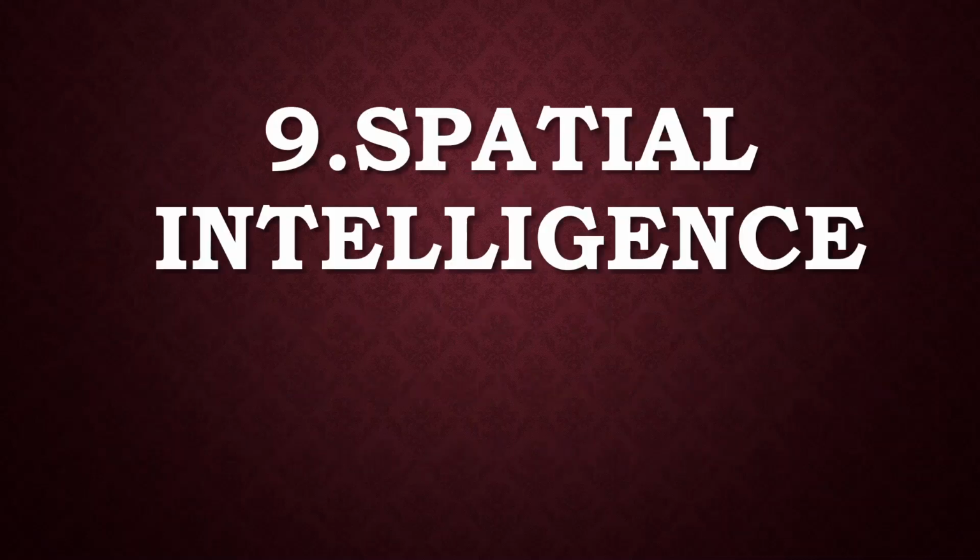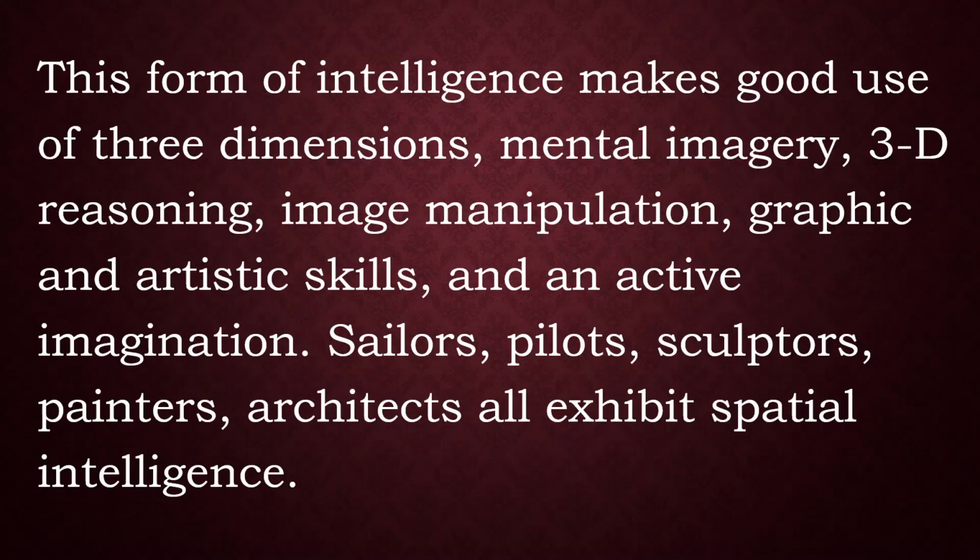Now, ninth type of intelligence, spatial intelligence. This form of intelligence makes good use of three dimensions, mental imagery, 3D reasoning, image manipulation, graphic and artistic skills, and an active imagination. Sailors, pilots, sculptors, painters, and architects all exhibit spatial intelligence.